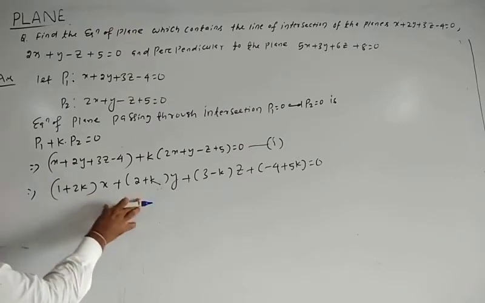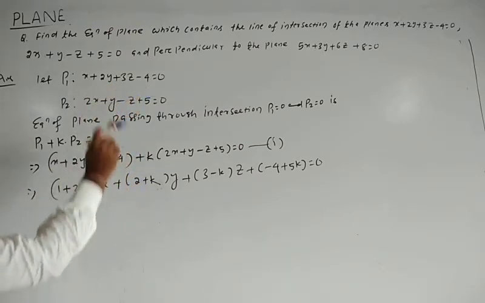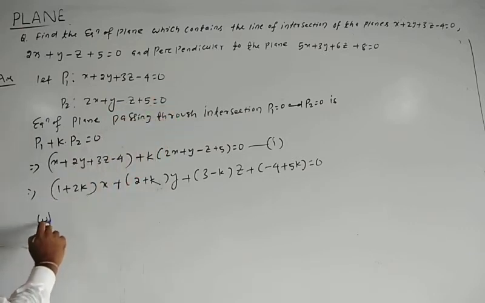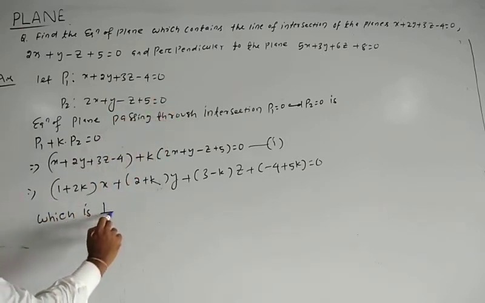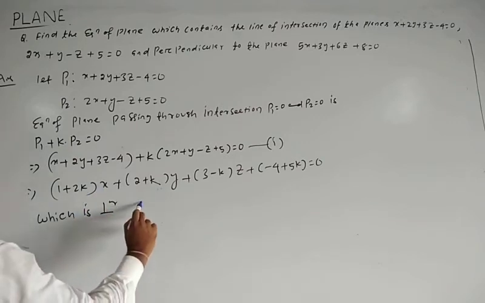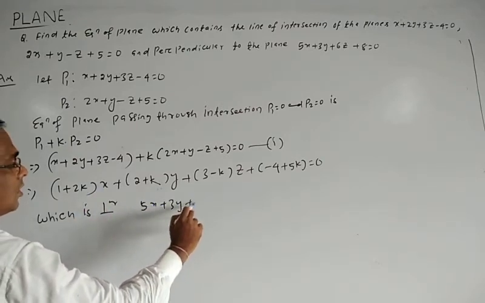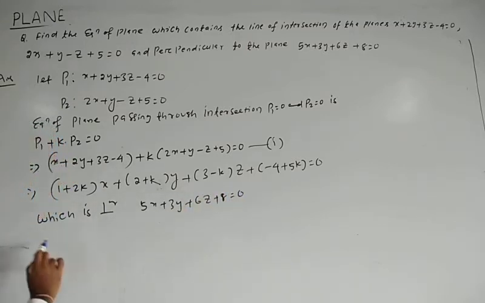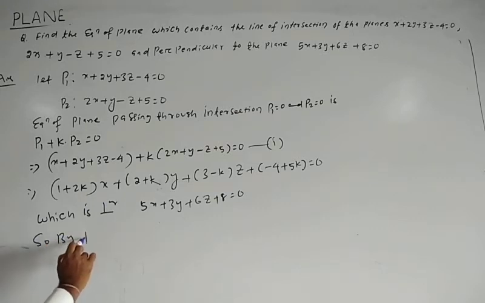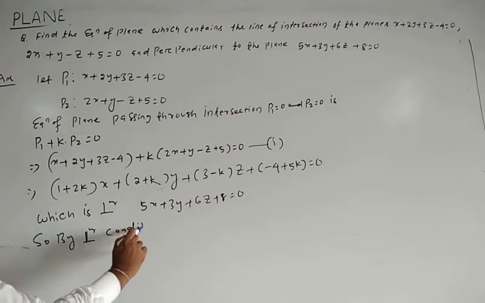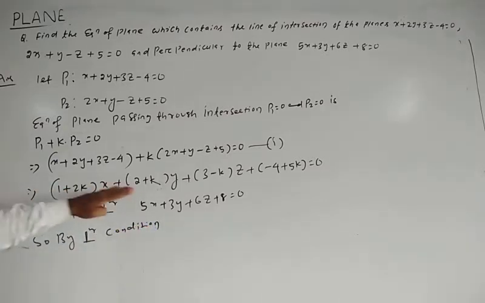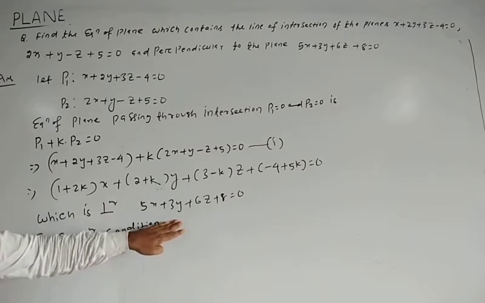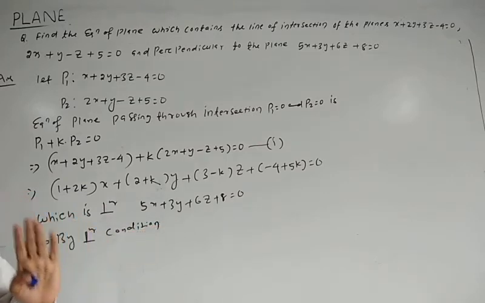Since this plane, the plane through the line of intersection, is perpendicular to the other plane 5x plus 3y plus 6z plus 8 equal to 0, by the perpendicular condition a1 a2 plus b1 b2 plus c1 c2 is equal to 0.